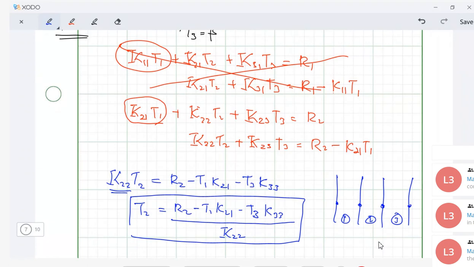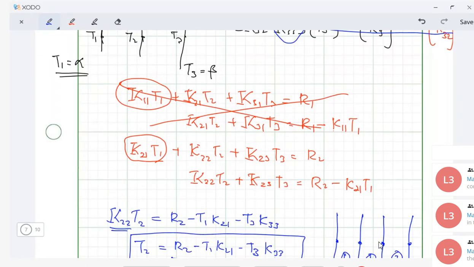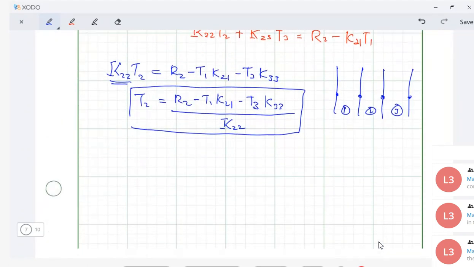So one type of boundary condition is what we call the specified temperature. Temperature is specified.